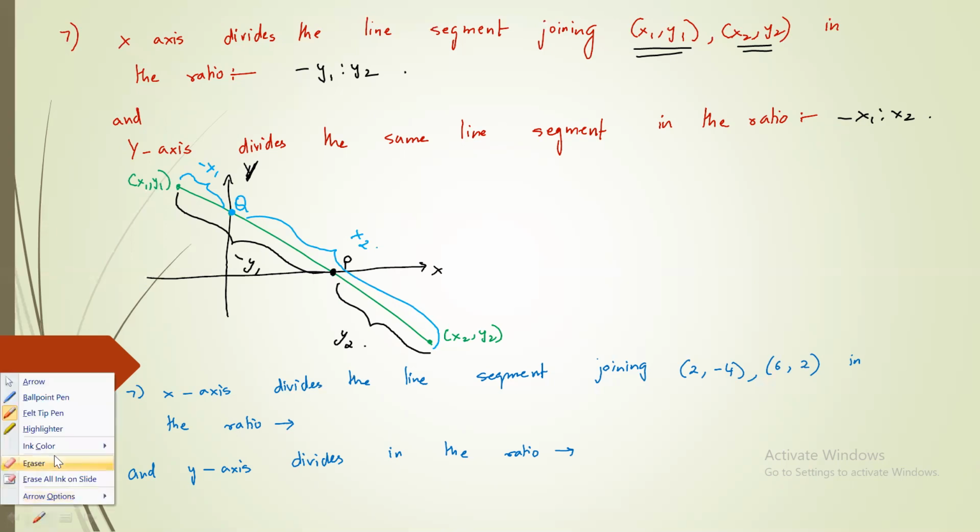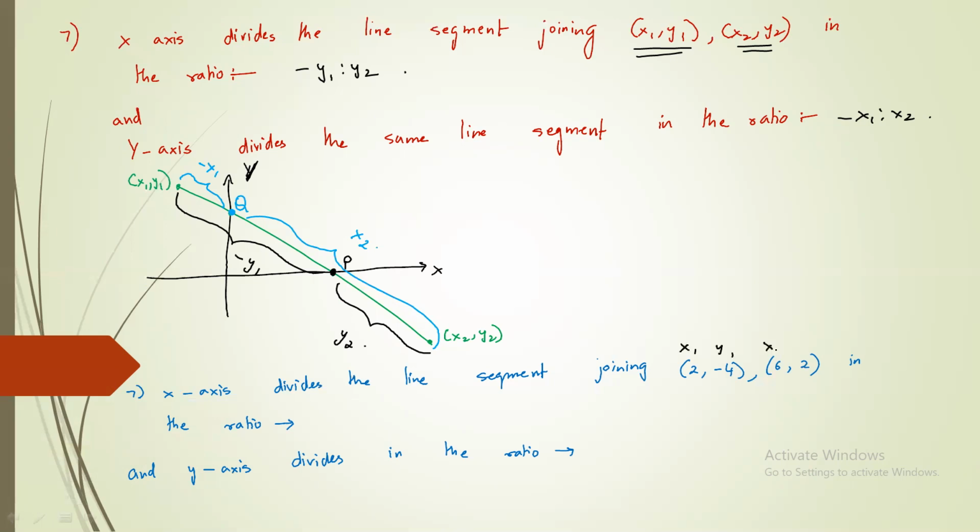Okay. So now, when you come to the question, x-axis is dividing the line segment joining x1, y1, x2, y2, that is 2 comma minus 4 and 6 comma 2 in the ratio minus y1 is to y2, that is 4 is to 2, or I can say 2 is to 1.